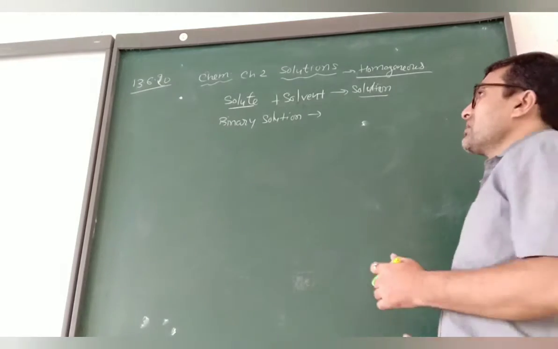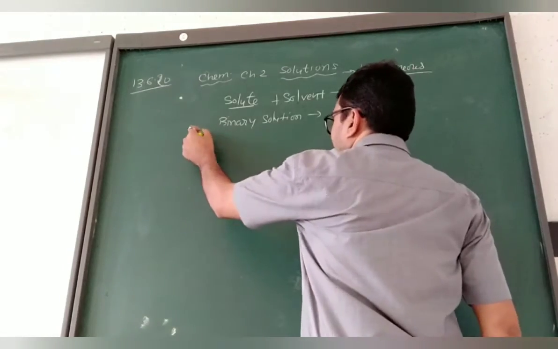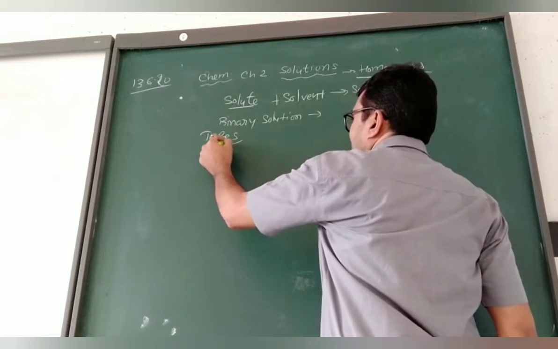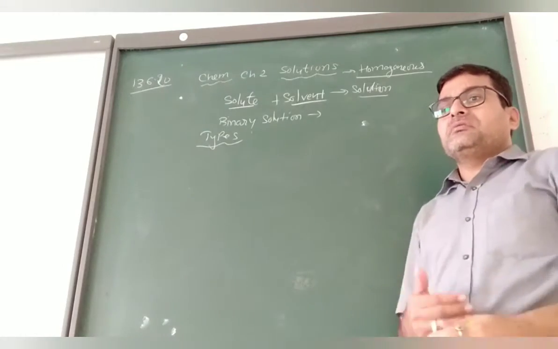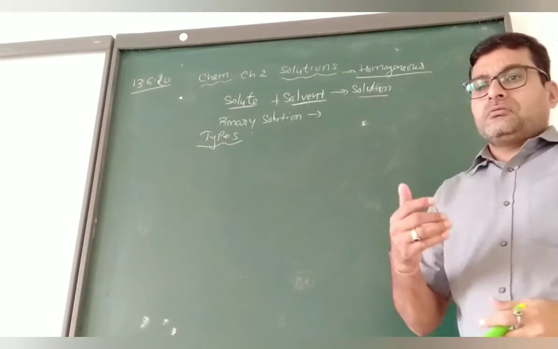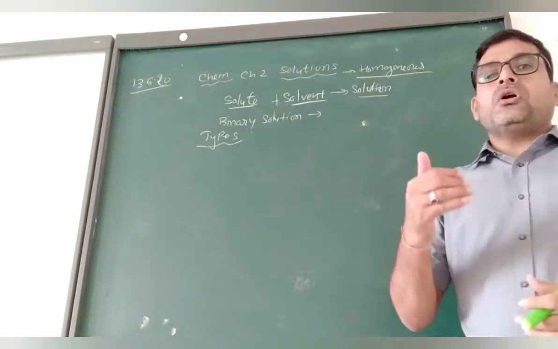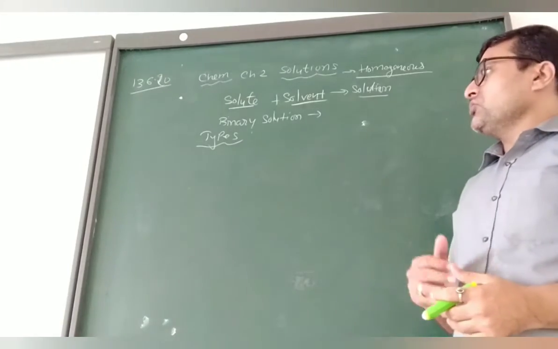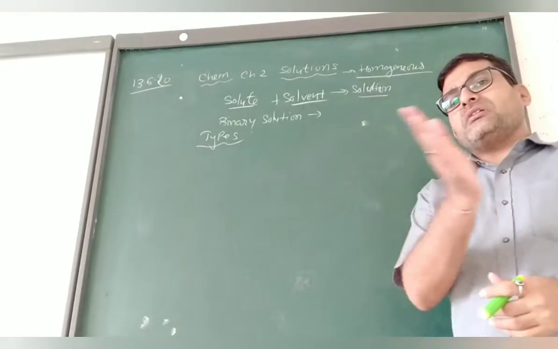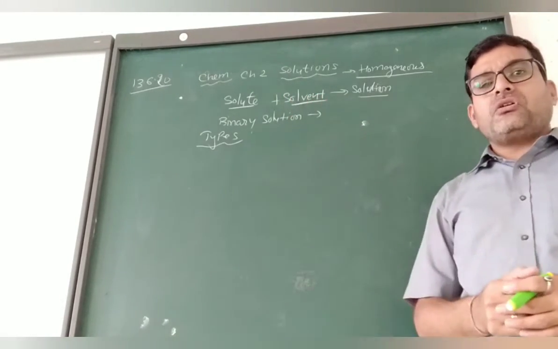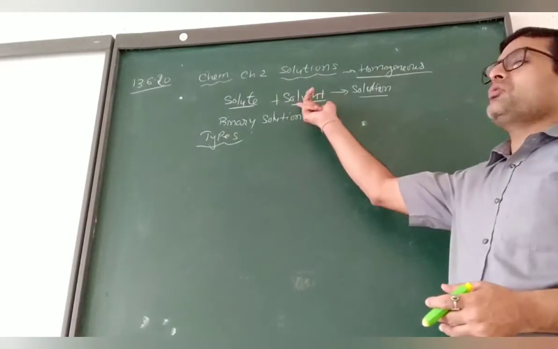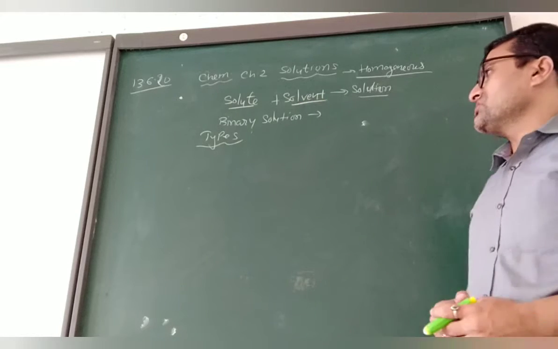Now solutions are of different types based on their solvent. It might be gaseous solvents, liquid solvents, or solid solvents. If the solvent is gas, then it is called a gaseous solution. If the solvent is liquid, then it is called a liquid solution, and if it is solid, then a solid solution.